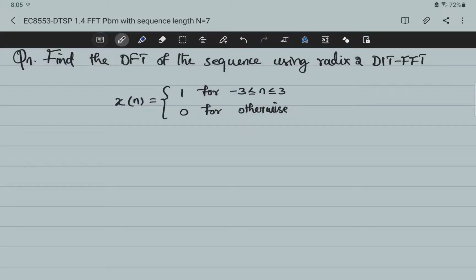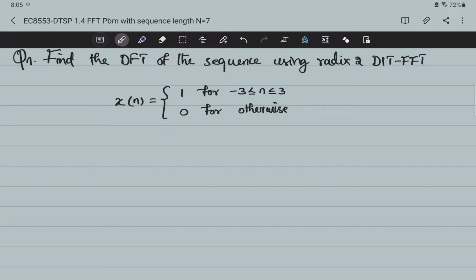Good morning. Today we are going to see the DFT of the given sequence using radix 2 DIT FFT algorithm for unequal length, that is N equal to 7.